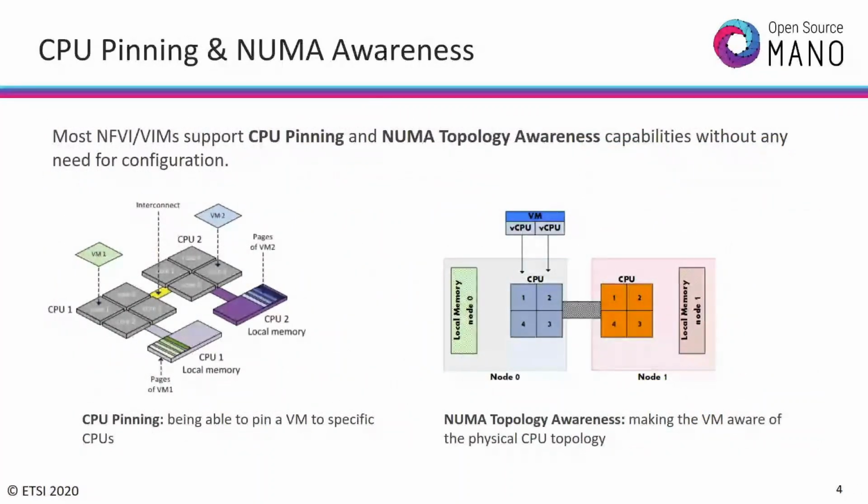In CPU pinning and NUMA topology awareness, what we are doing is controlling which CPUs our virtual machines are taking, not only at instantiation, but during its complete life cycle. For example, when you just launch a virtual machine without any EPA setting, these virtual machines will get instantiated in a random CPU.